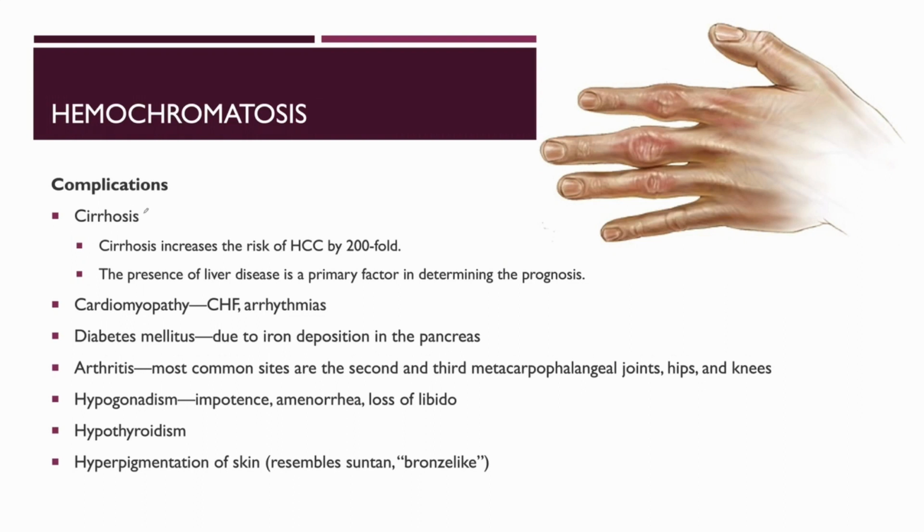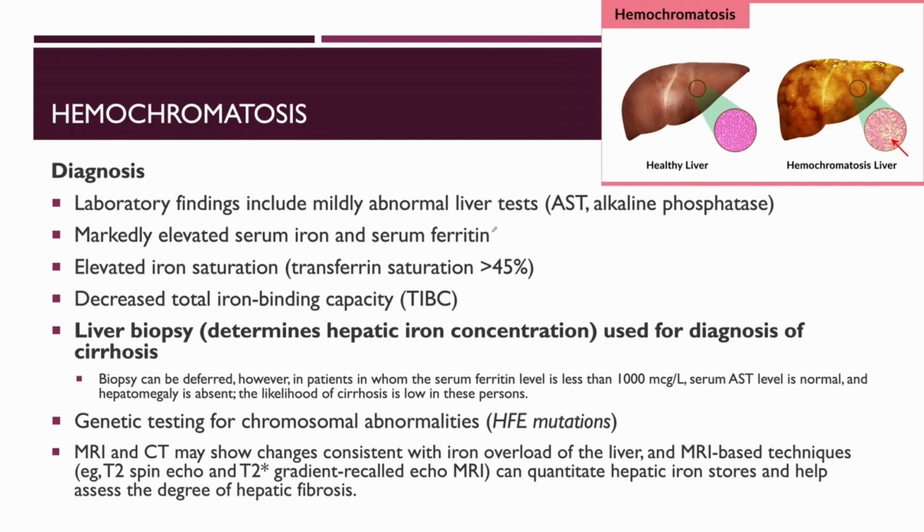So cirrhosis is a major complication. You can also get cardiomyopathies, like we said, diabetes, arthritis, and all the other things, the bronze-like appearance. Laboratory findings mainly revolve around liver and iron, and so you'll have markedly elevated serum iron and ferritin, and an elevated iron saturation, but you'll have a decreased total iron binding capacity because it's all taken up by the iron.